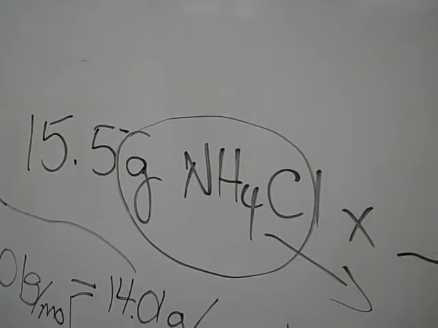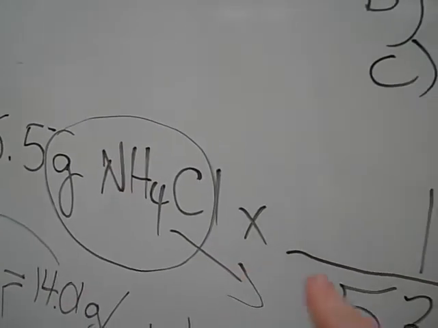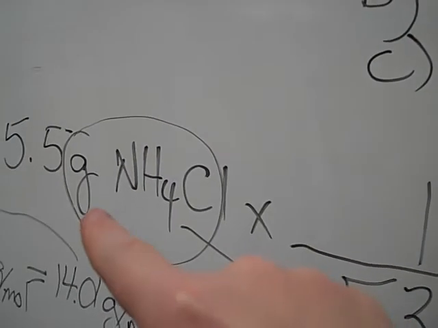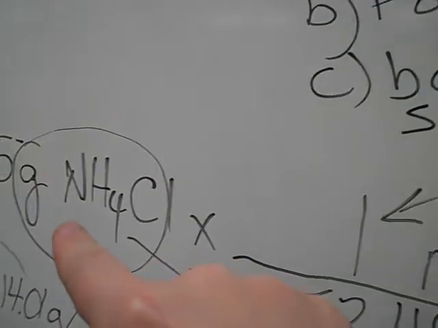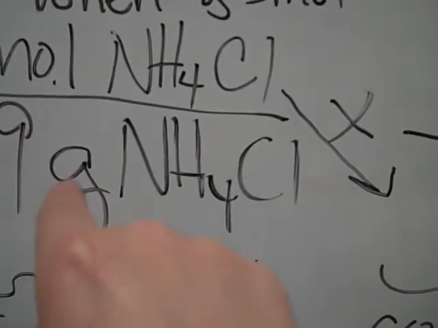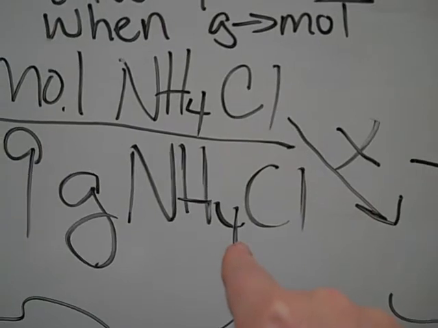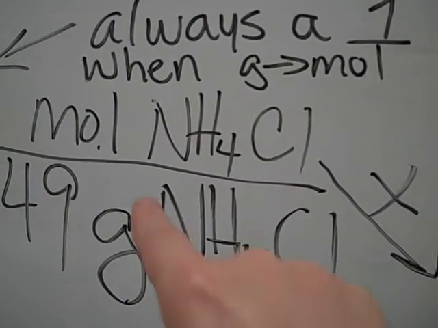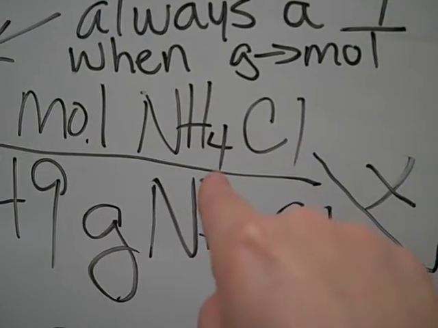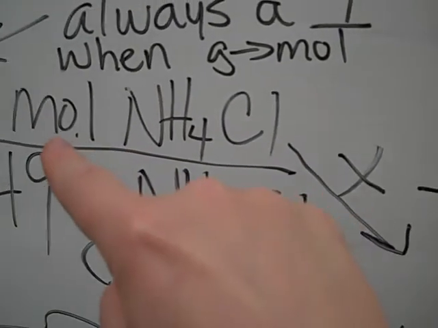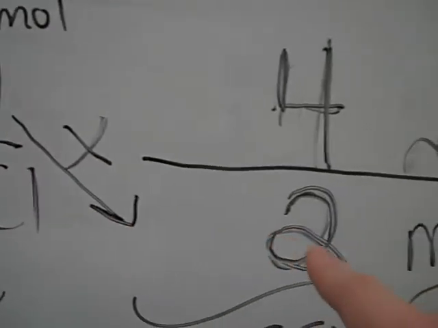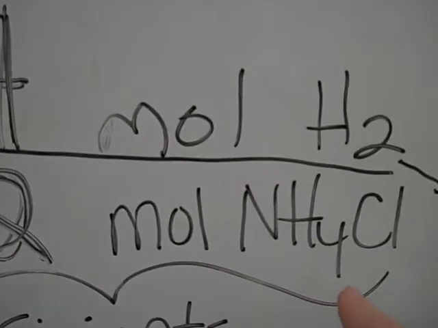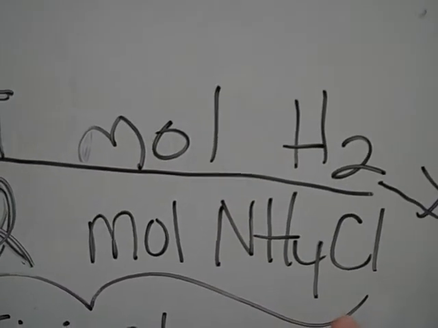Now we play a game where we draw times in a line. Whatever unit is up here needs to go to the bottom down here. So grams NH4Cl. The only thing I can convert grams of NH4Cl into is moles of NH4Cl. That unit now needs to go on the bottom of the next one because we are trying to get to grams of hydrogen gas.